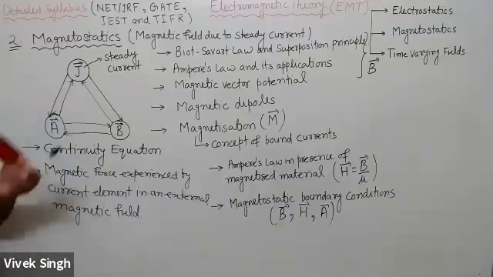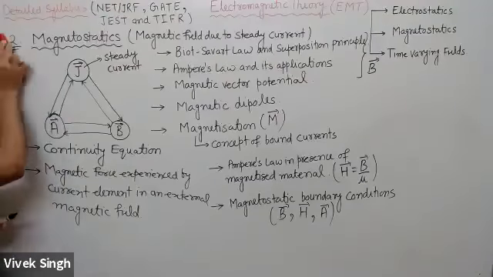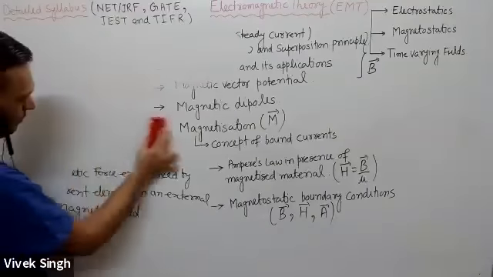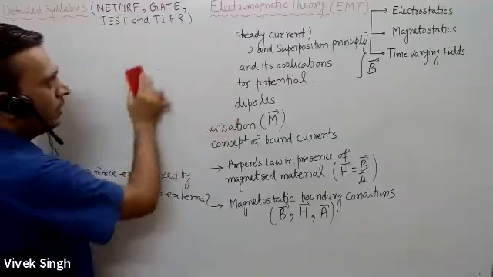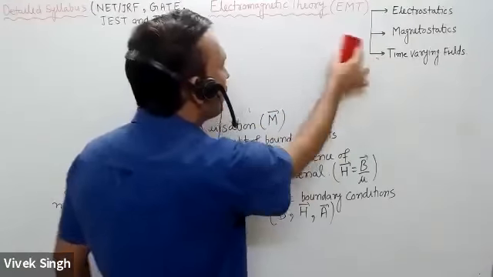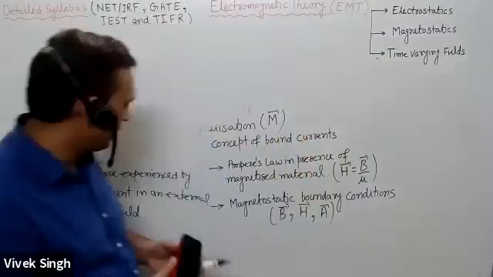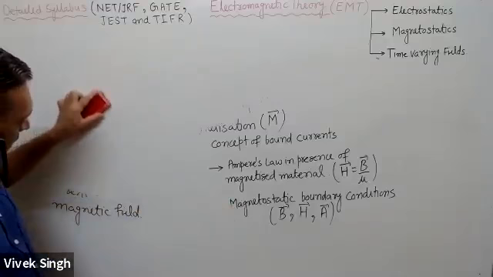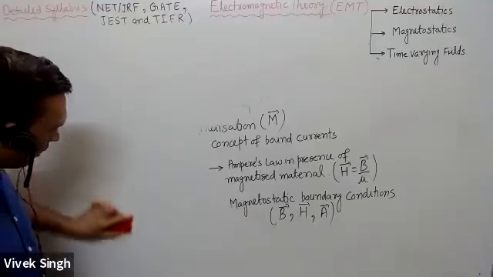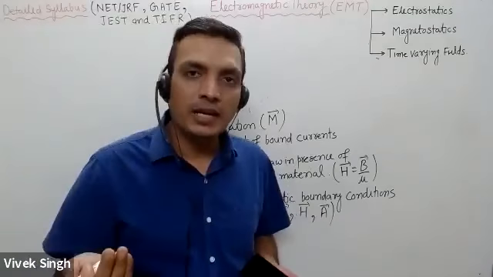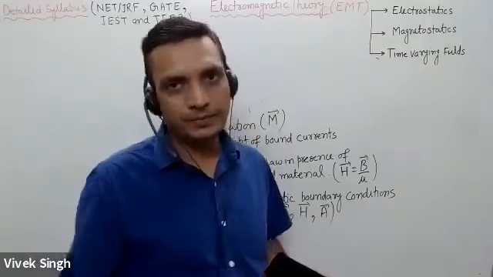So now we will see third topic. So third topic is time varying field. Initially it was assumed that electrostatics and magnetostatics were separate subjects. But later Faraday showed that a changing magnetic field creates electric field.